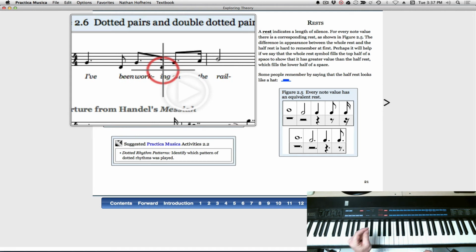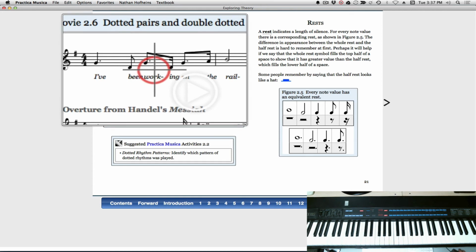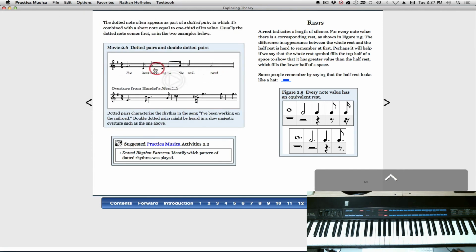Here's the beat, and I'm dividing it into 4. So you can divide the beat into 4 pieces, and this gets 3 of the 4, and then that gets the last fourth, right?